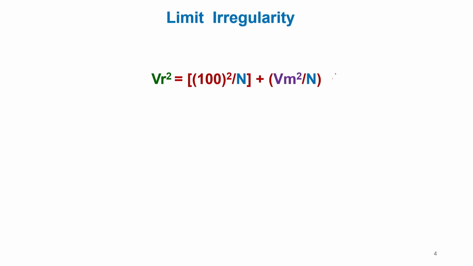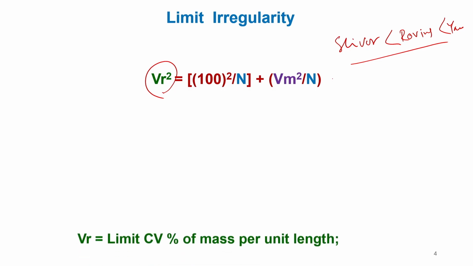So, if we increase the number of fibers in the cross section, then the limit irregularity can be reduced. So, for thicker material the limit irregularity is low. Okay. That means the limit irregularity for sliver is lower than roving, and lower than yarn, because sliver is thicker and the number of fibers is large.